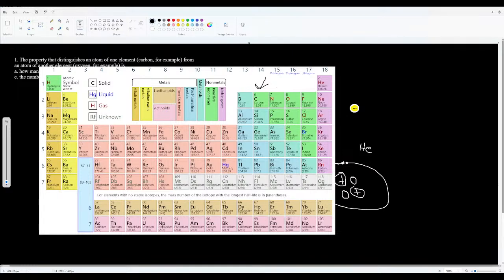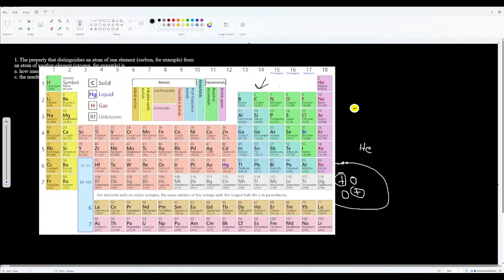We take a sample and we detect what it's consisting of, right? And when we add up the number of neutrons and protons, we get the atomic mass, right? And the atomic mass is just the mass of one atom.